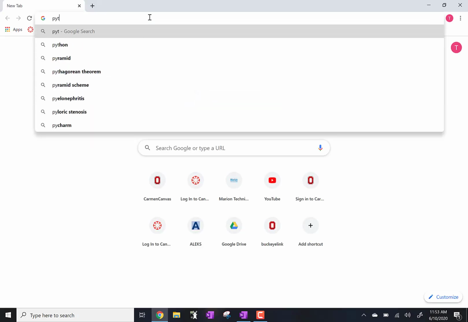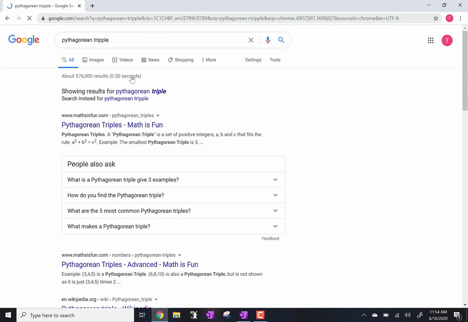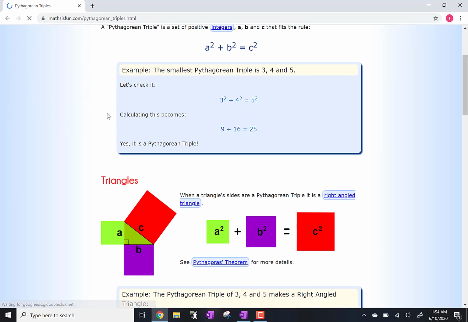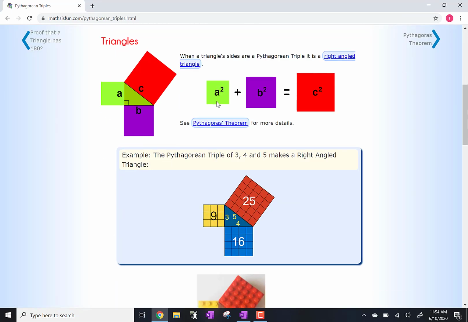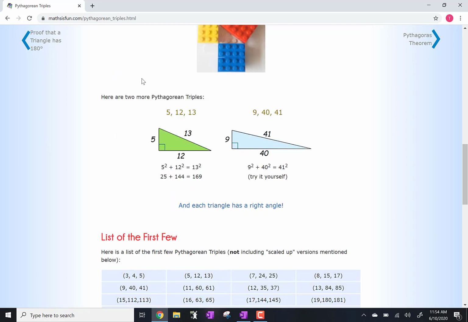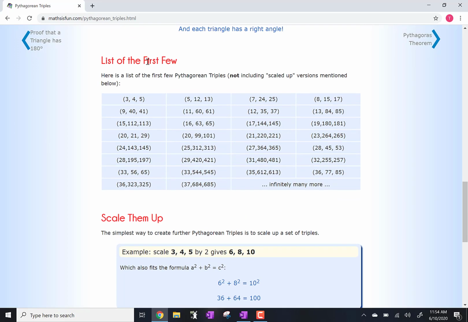Others include 9, 16, 25. Here's a list of some Pythagorean triples. 5, 12, 13 is another one. Notice all the side lengths are whole numbers.